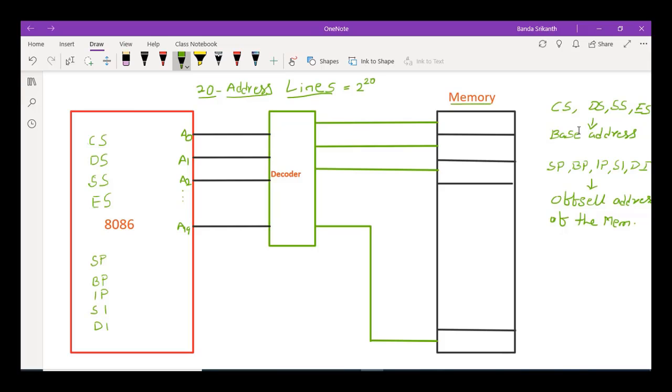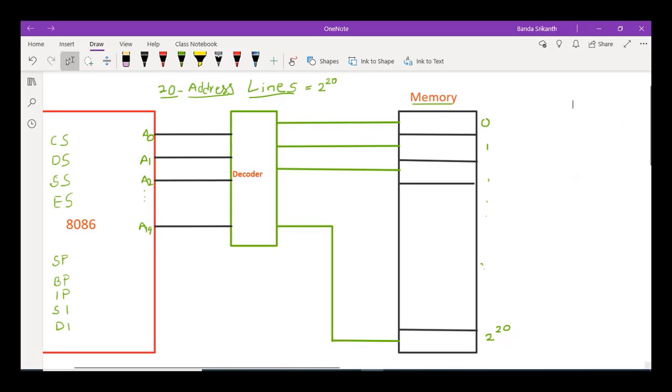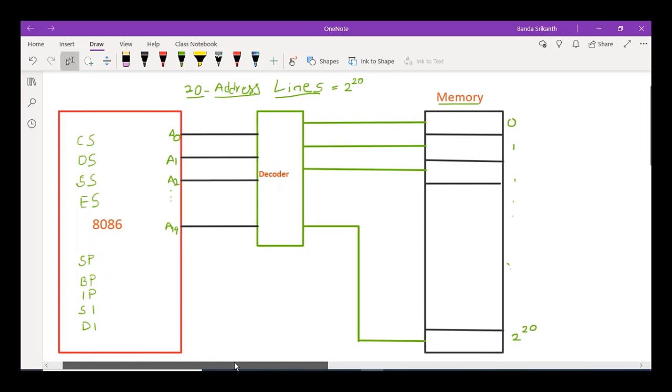This is the 0th memory location, this is the 1st memory location, and so on, and the last memory location is 2 power 20. That means the CPU address will be 20 bits.